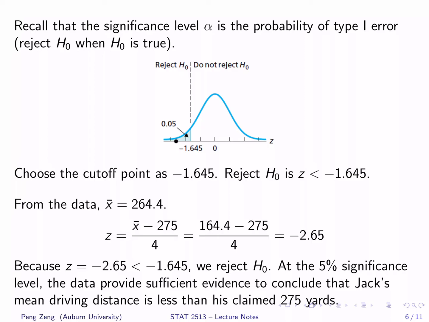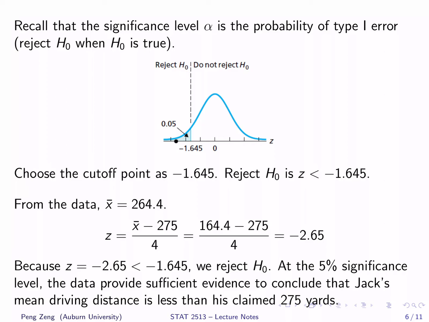Let us select a cutoff point corresponding to 0.05 probability of type 1 error. We will reject H0 if z is too small. The cutoff point will be selected such that the area to the left of this cutoff point is 0.05. According to the standard normal table, this value is exactly negative 1.645.